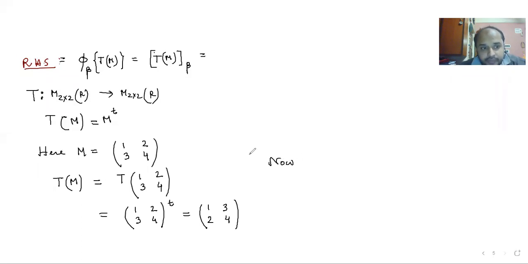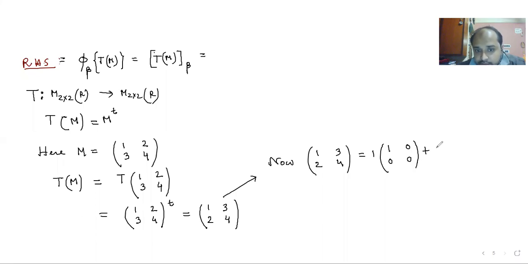Now, this matrix 1, 3, 2, 4 can be written with respect to the basis as follows: 1 into 1, 0, 0, 0, 3 into 0, 1, 0, 0, 2 into 0, 0, 1, 0, 4 into 0, 0, 0, 1.